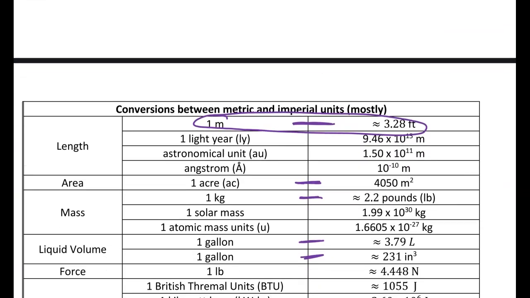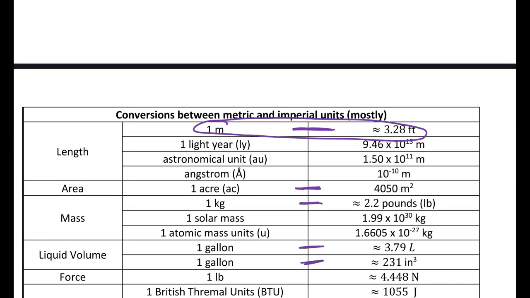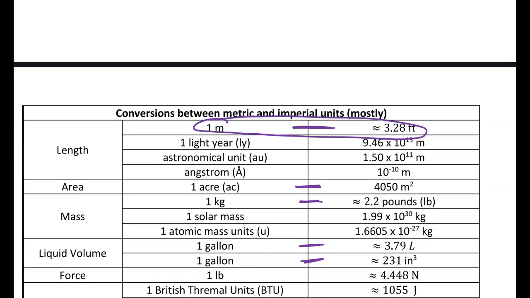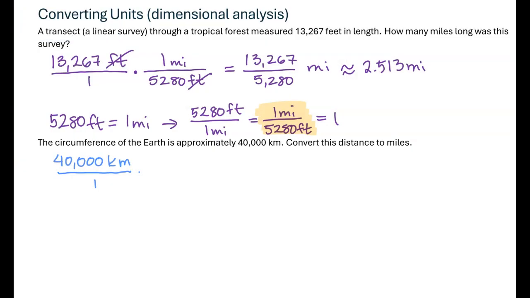So looking here, the only conversion we have is that there are about 3.28 feet in a meter. So we know that 3.28 feet equals 1 meter, which means that we're going to have to get our kilometers changed to meters, and then we can change that to feet, and then we'll have to change feet to miles.